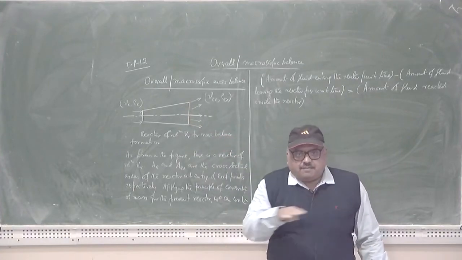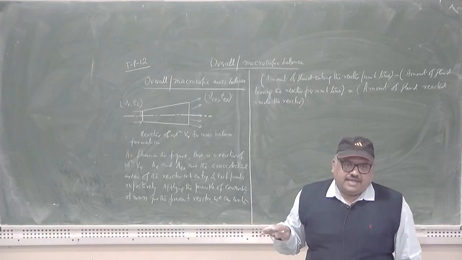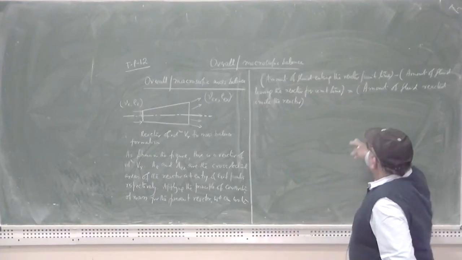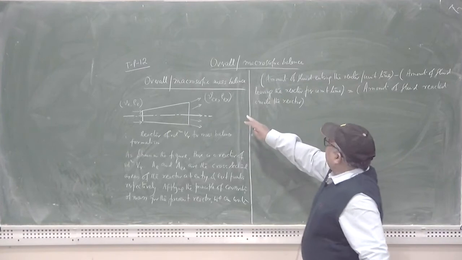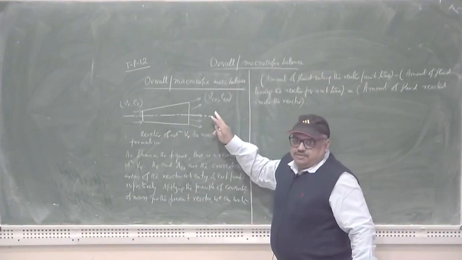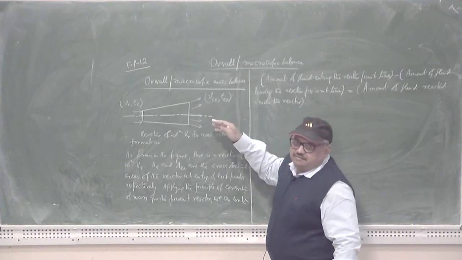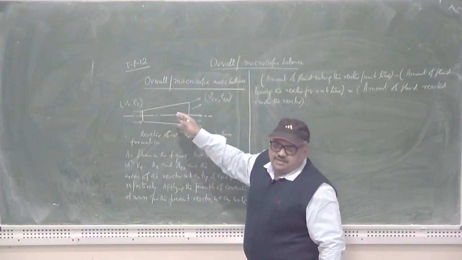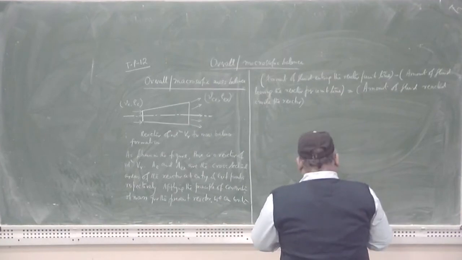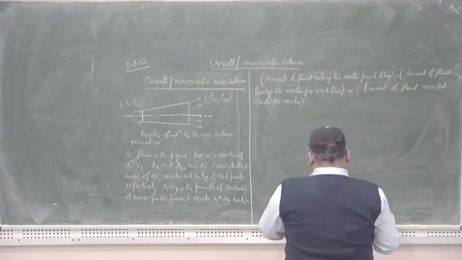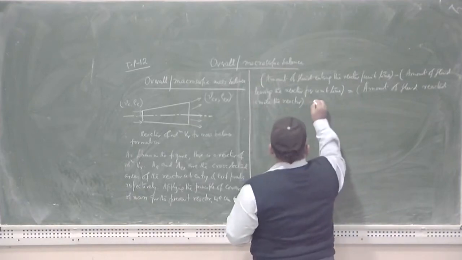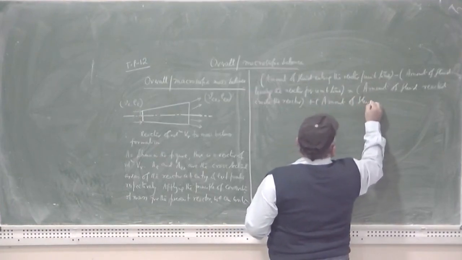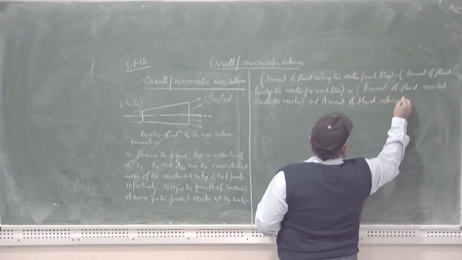So, in order to have a complete mass balance in this case, we can say the amount of fluid entering into the reactor per unit time minus amount of fluid leaving the reactor per unit time, so in minus out, that should be equal to amount of fluid reacted inside the reactor plus amount of fluid retained in the reactor.